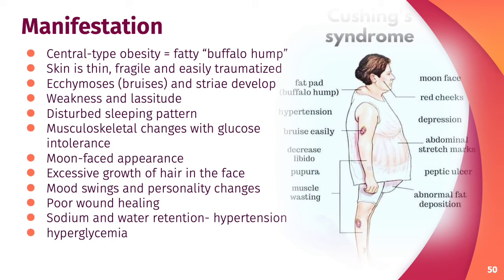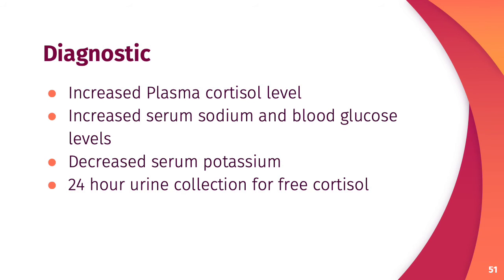So these are the manifestations of a client with Cushing's syndrome. For the diagnostic tests, we have increased plasma cortisol levels, increased serum sodium and blood glucose levels, decreased serum potassium, and we can also do a 24-hour urine collection for free cortisols.